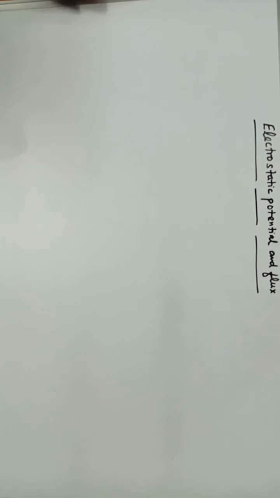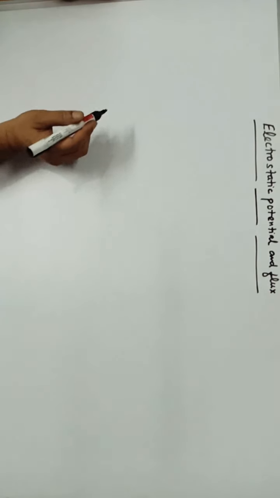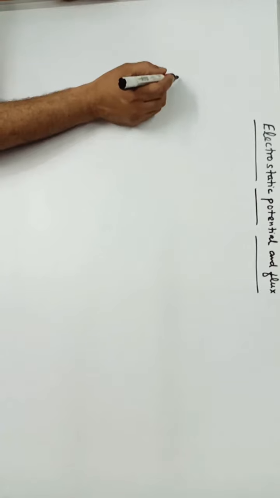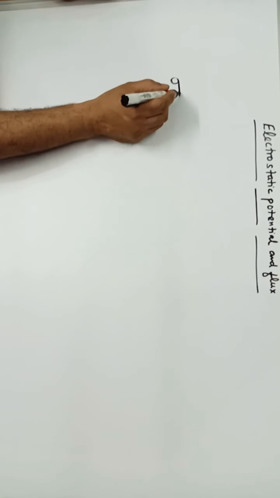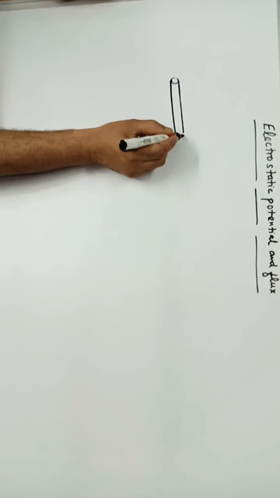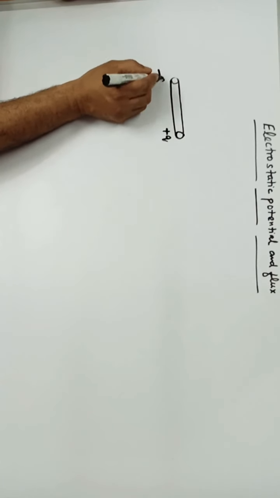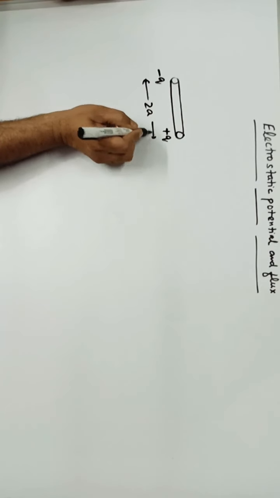Now the next topic is electrostatic potential at a point due to an electric dipole, and the point lies on the equatorial line of the dipole. Consider a dipole AB consisting of two charges plus q and minus q separated by a distance 2a.